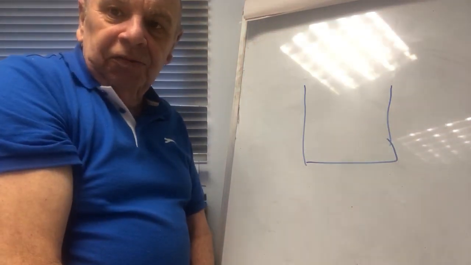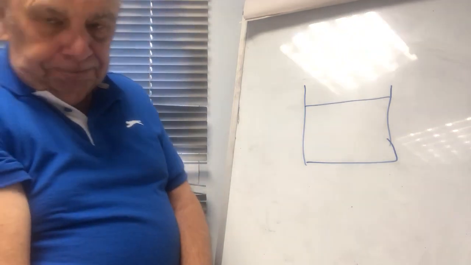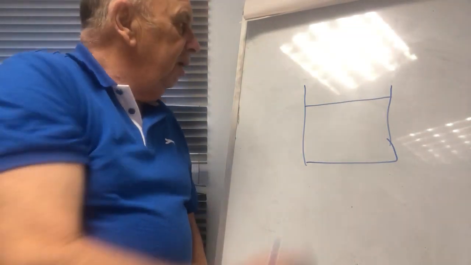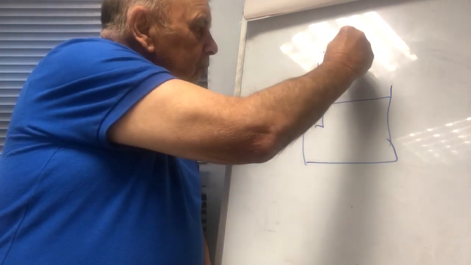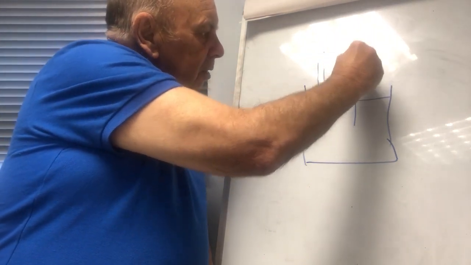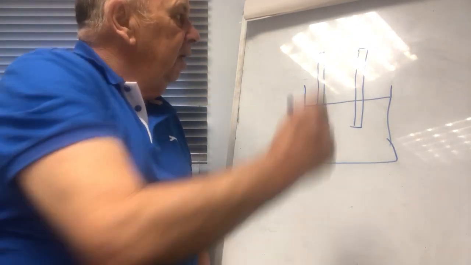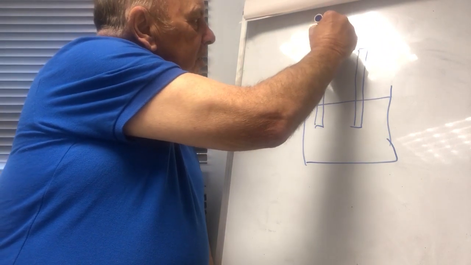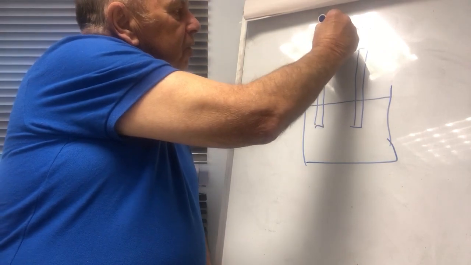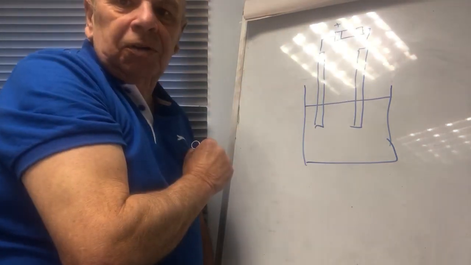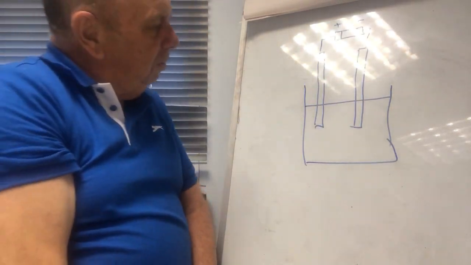Here is a vessel, and it contains an electrolyte. I'll talk more about that in a minute. And I've got 2 electrodes, and let's say they're made out of graphite, and I'm going to connect them to a battery. This is the positive side of the battery, this is the negative side of the battery.